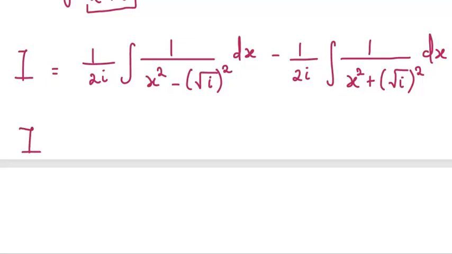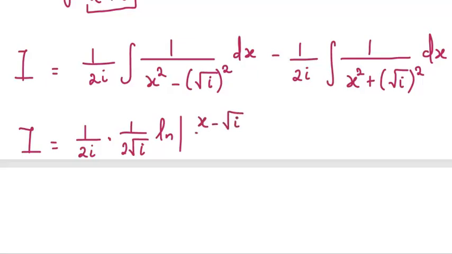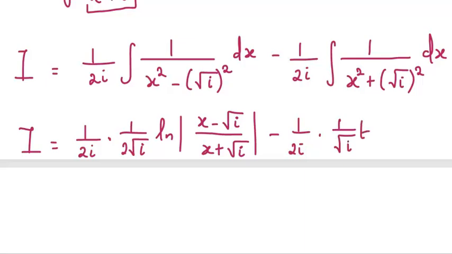So here we get I will be equal to 1 by 2i, and don't forget we're multiplying by 1 over 2 root of i times the natural log of x minus square root of i divided by x plus square root of i, and then minus 1 by 2i multiplied by 1 over root i, then the inverse tangent of x divided by square root of i, and then plus c.